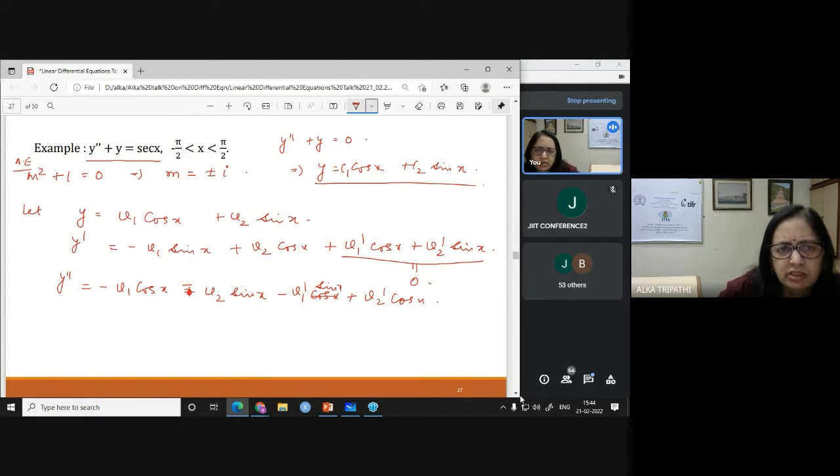Substituting these equations in this equation, you will get a second condition, and combining both conditions and simplifying, you will get the general solution of the equation.